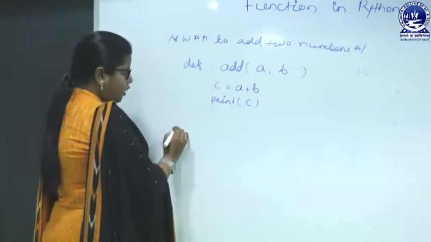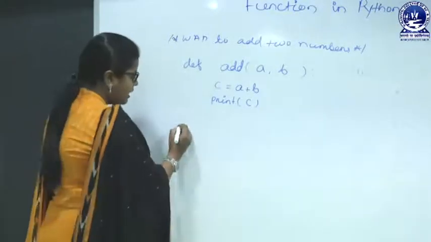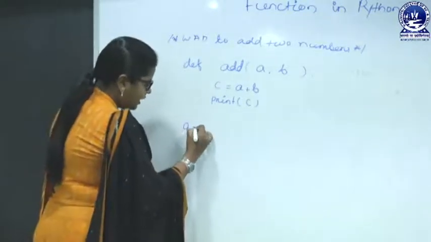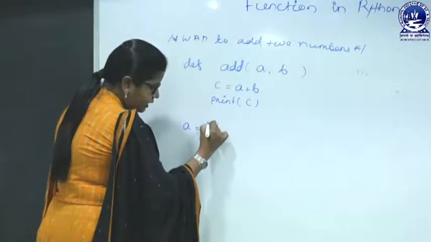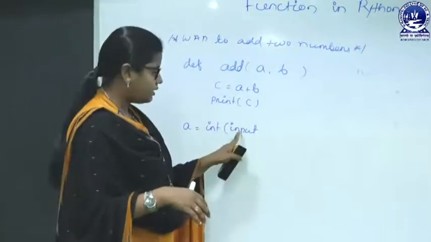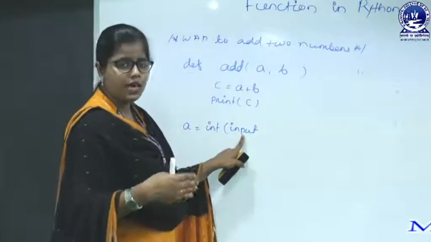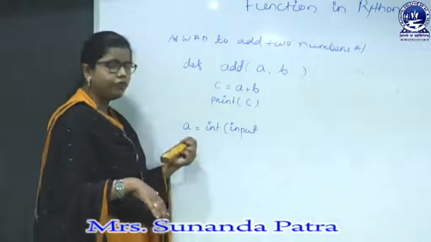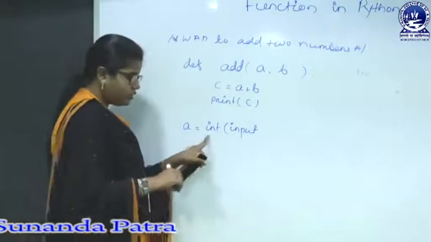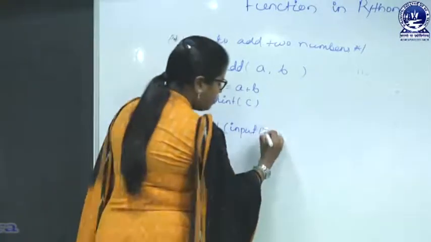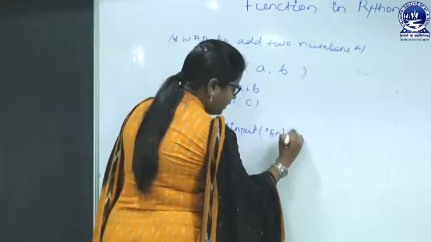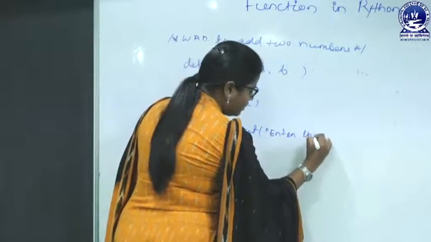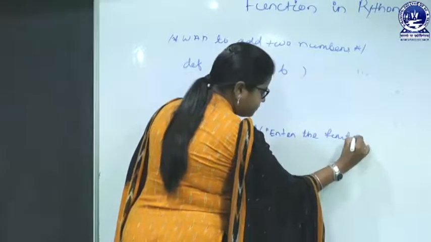Next, we have to come to our main program. There we can write A equals typecasting int, because we know that the input function will take the input as a string. So, we have to convert that into an integer and then assign it to A. This is the typecasting. Input, enter the first number.